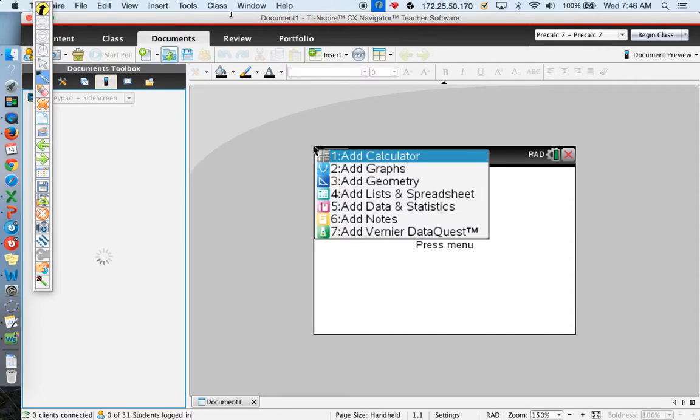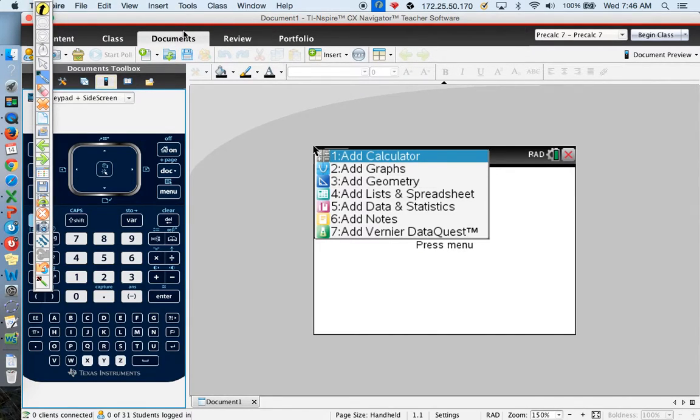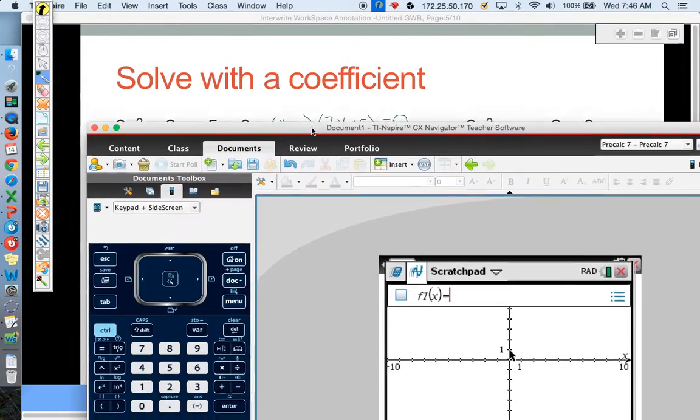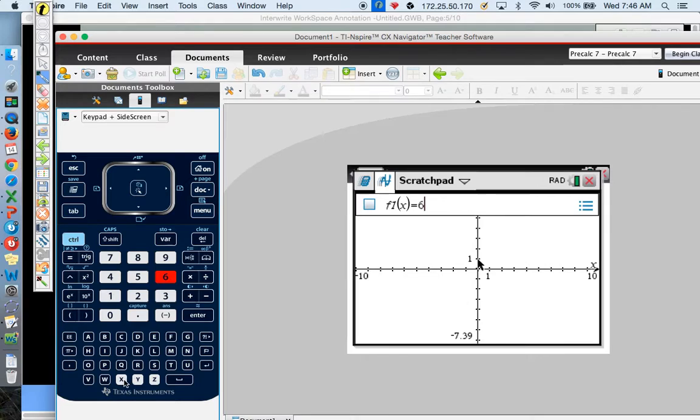So what do we have? 6x squared plus x plus 2. Well, that would make sense why it's not going to be factorable. It doesn't cross the x-axis at all.